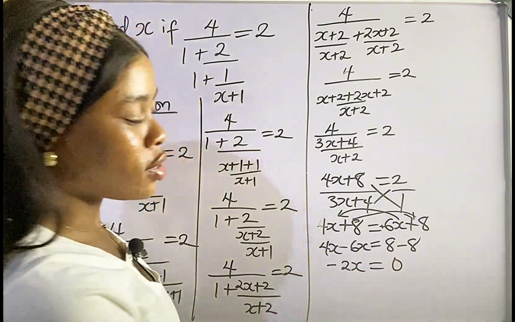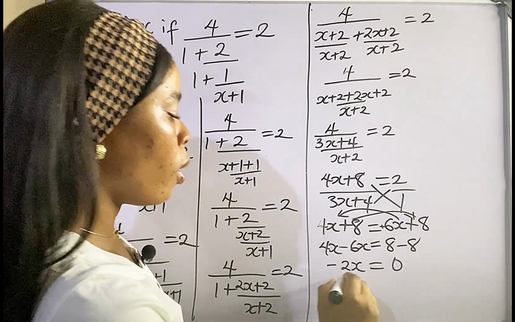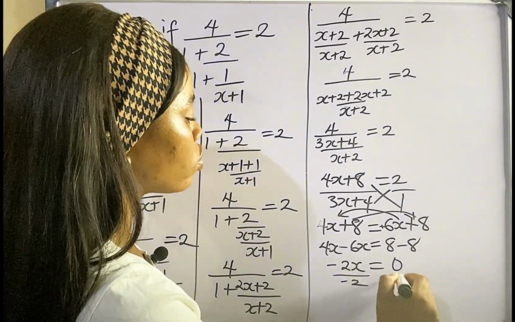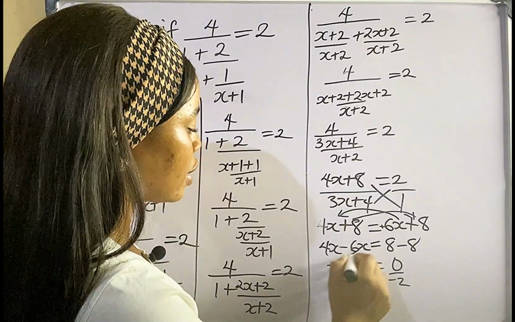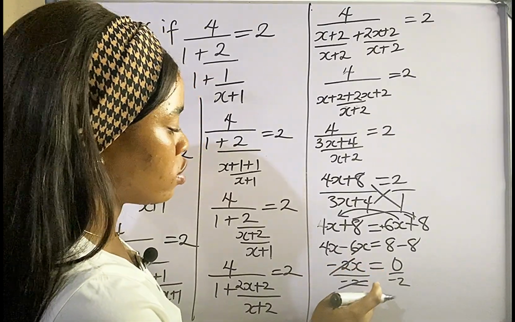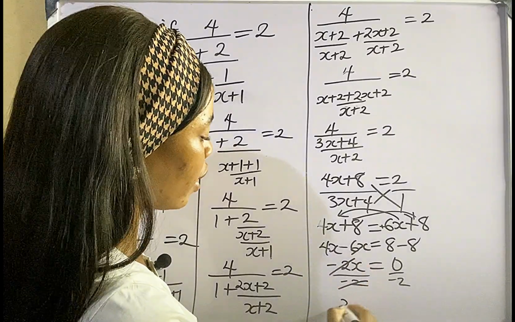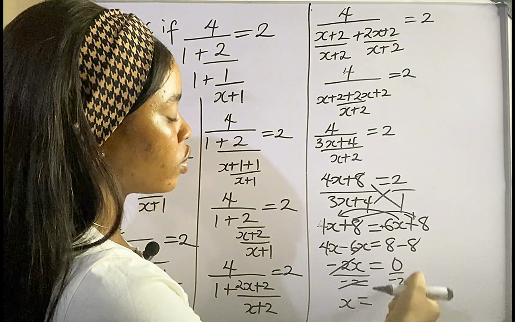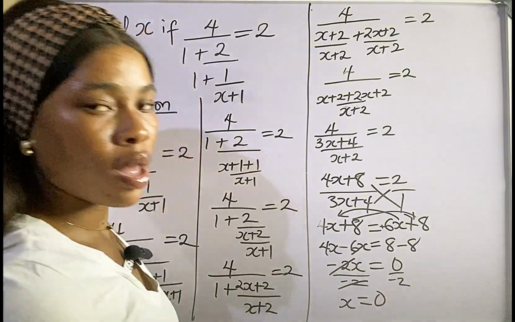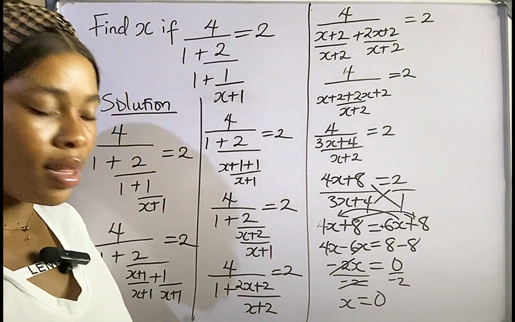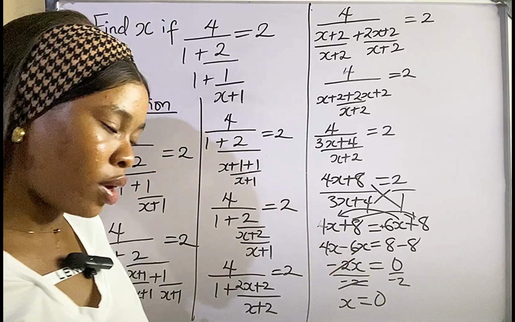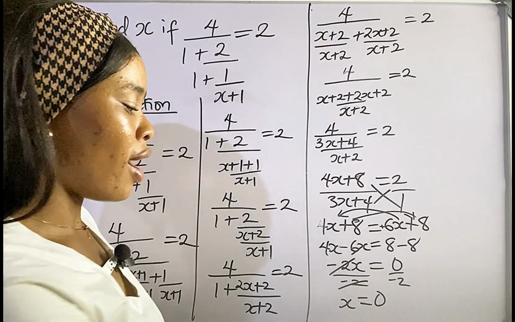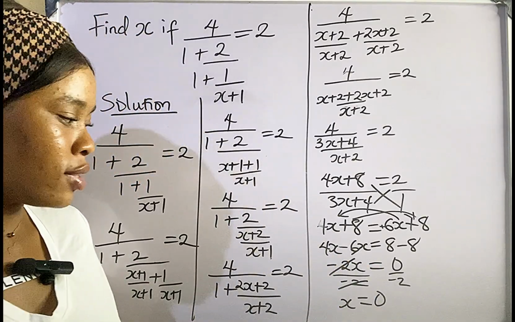Now we are looking for x, so we divide both sides by minus 2 so that x can stand alone, so that minus 2 cancels minus 2. x equals 0 divided by minus 2, which is 0. Any 0 divided by any number is 0. So we can see that 0 is our answer.